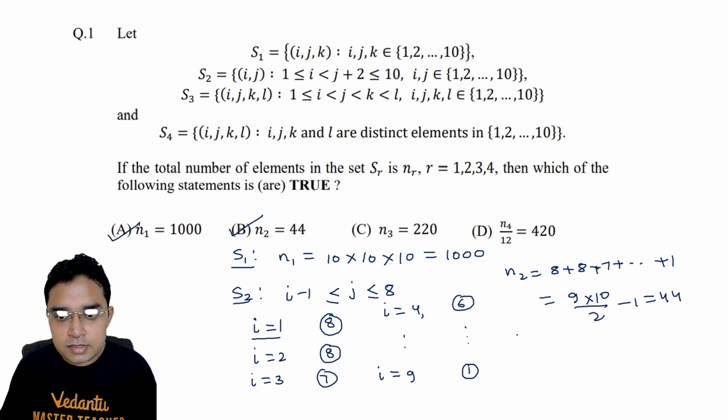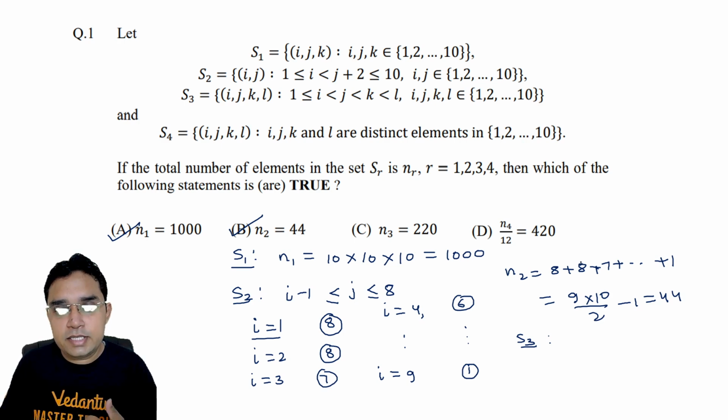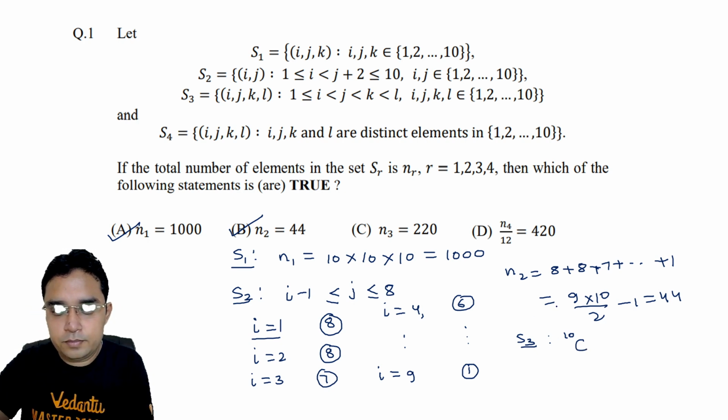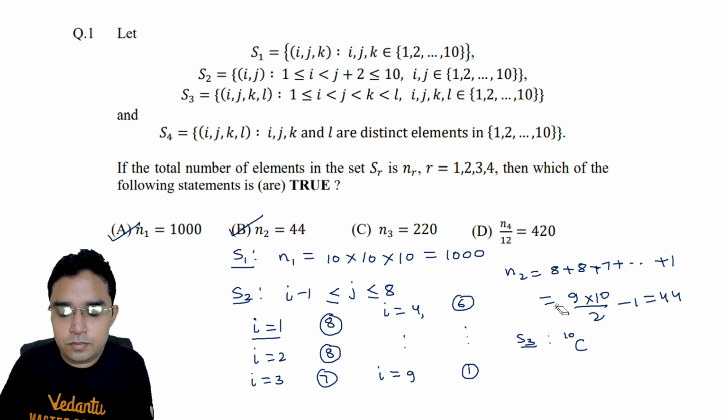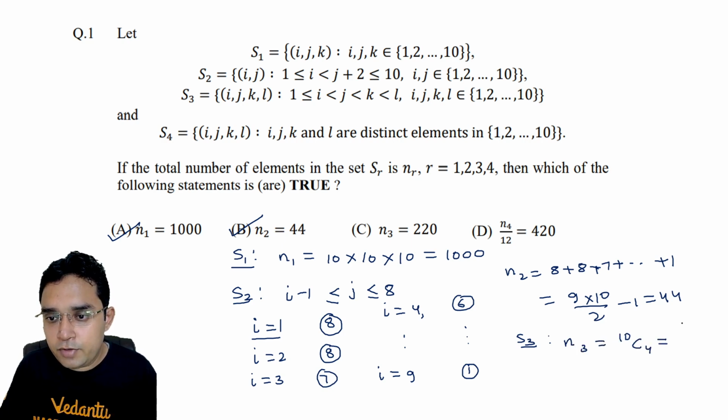Now this S3 and S4, they are similar. In S3 they are saying i, j, k, l are following this order and they are all different. That means I just have to select 4 numbers out of 10. So here this n3 will be equal to just 10C4, and the value of 10C4 comes out to be 10 factorial upon 4 factorial 6 factorial.